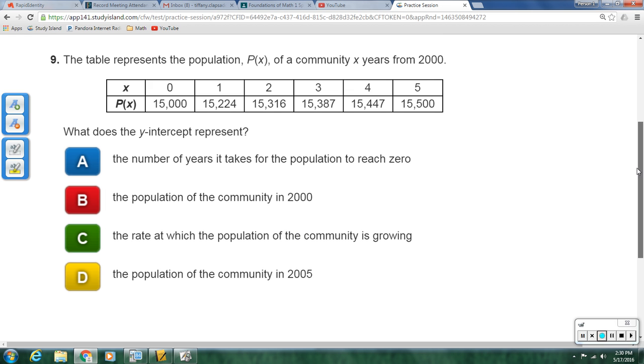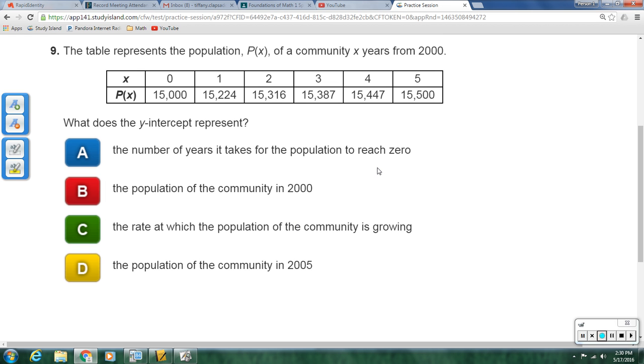Alright? What did I tell you? A table, what do you do? Okay, but stop. Let's read this. The table represents the population of a community X years from 2000. What does the y-intercept represent? Did they give you the y-intercept? Yes. The y-intercept is where x is 0.